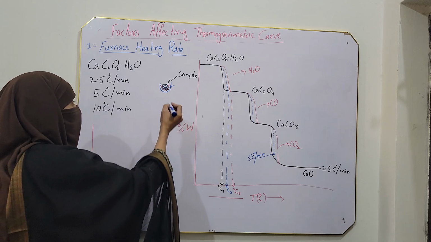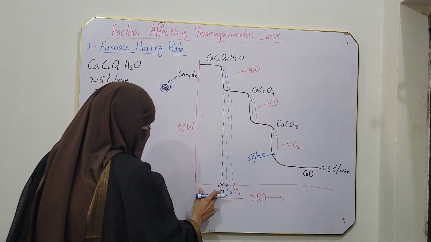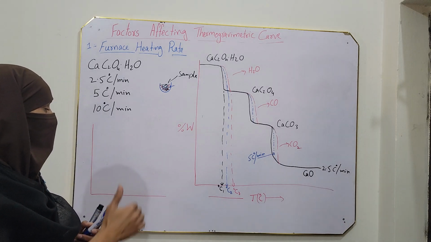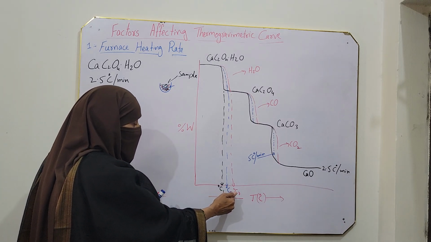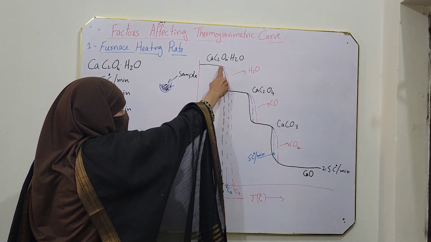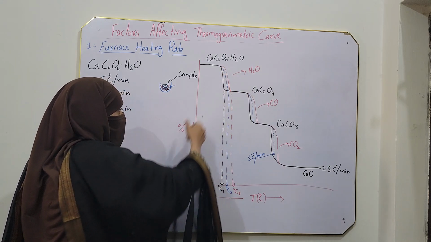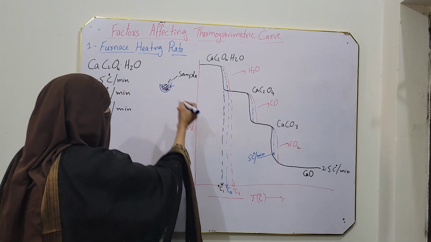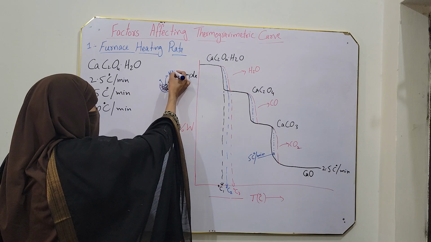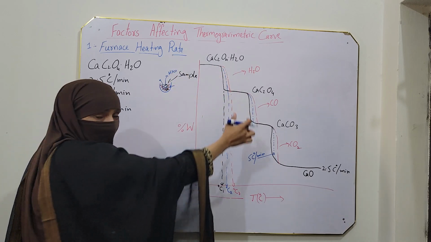So the same step which starts at C1 centigrade temperature will not start at C1, it is shifted to C2, meaning a slightly higher temperature. Water evaporation starts at this temperature, but it continues to higher temperature, because until all the water vapor has evaporated, this curve will not complete.